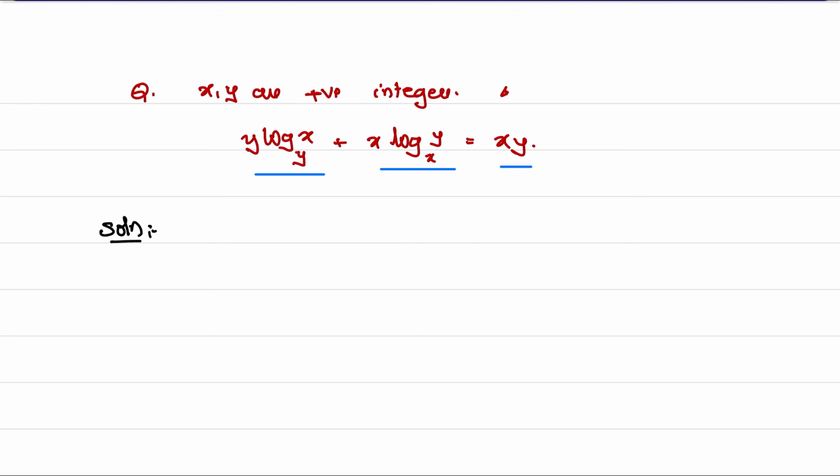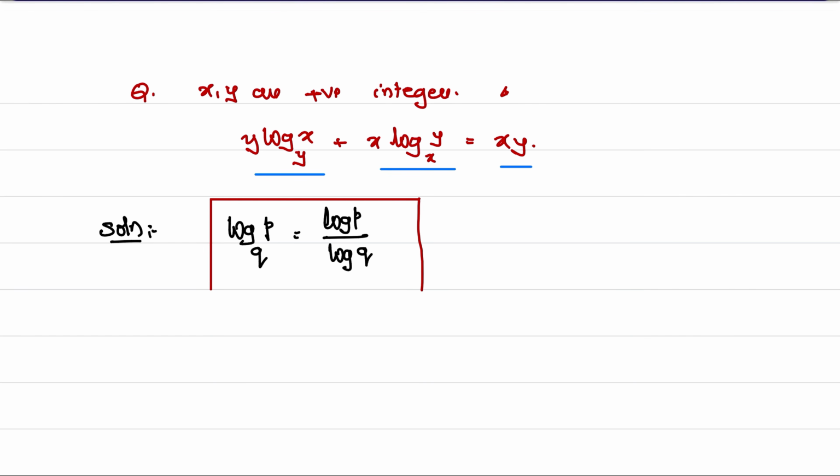For solving this, what we require is a very important property of the logarithms. If bases are different, log p to the base q is equal to log p divided by log q. This is the very important property which you are supposed to know.